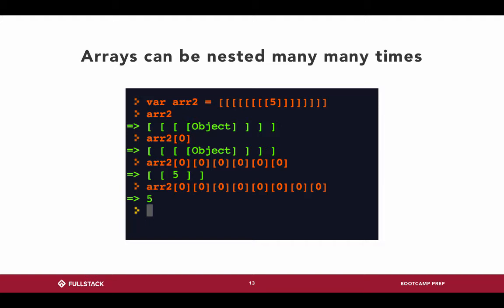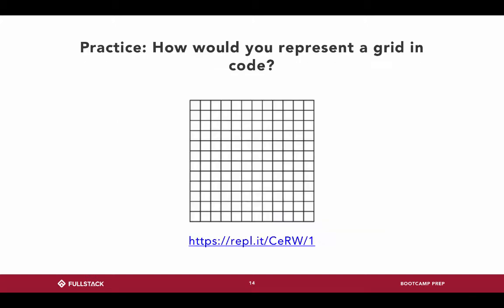Okay, like I was showing before, if you have it super nested, logging it out could be a little bit iffy. Well, returning it should be fine actually, and if you access it deeply enough, then it'll give you the value. Okay, so let's say we have a game, it has a grid, and we wanted to represent it with arrays.